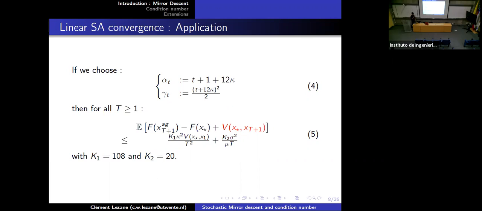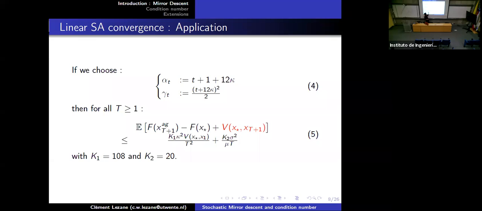If you consider this approach and take the expectation, of course the bias error goes away. So the initial error becomes kappa squared times the initial distance divided by t squared. And here you have sigma squared divided by mu t, which is the variance term.